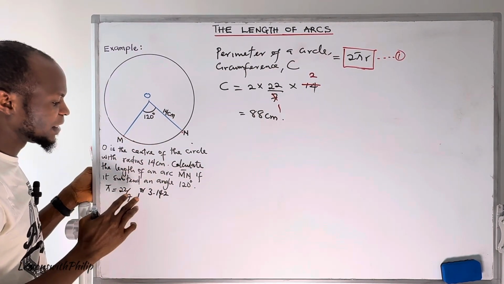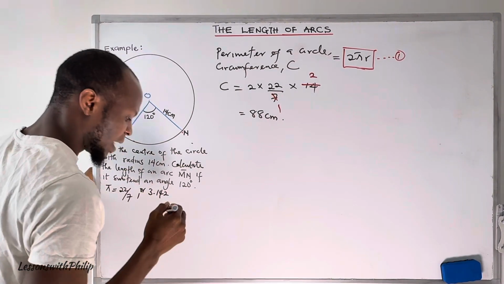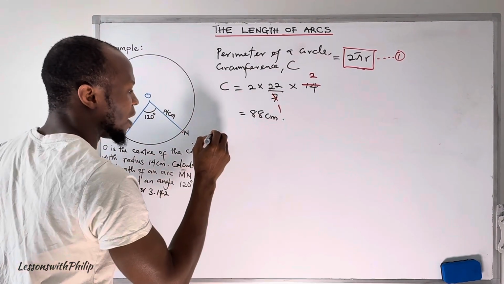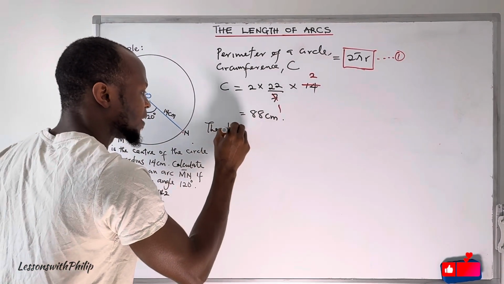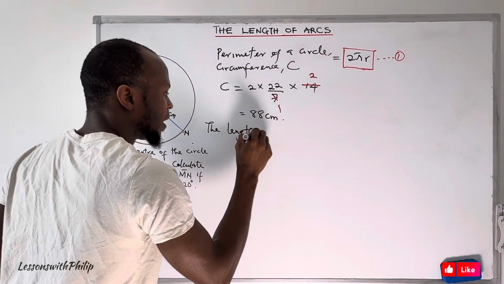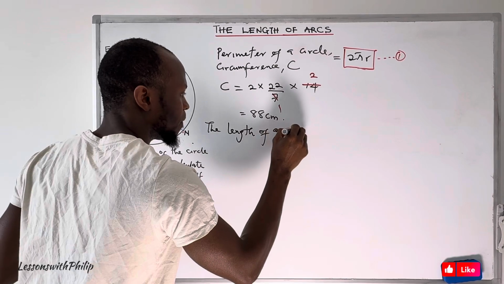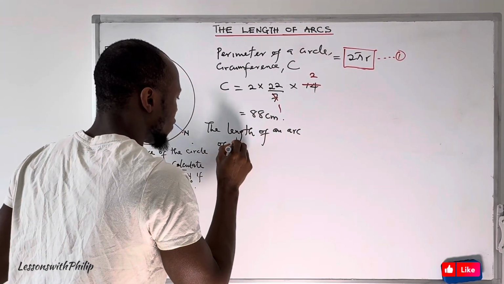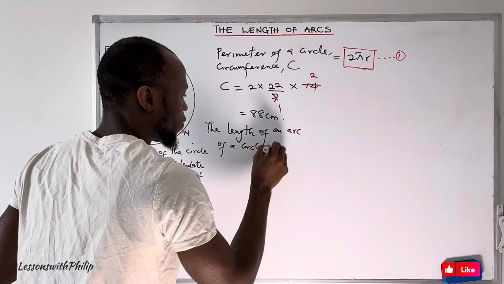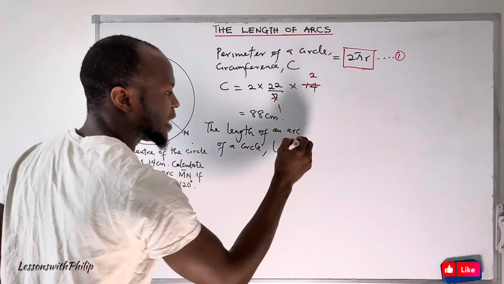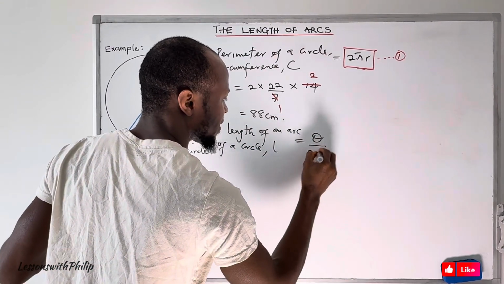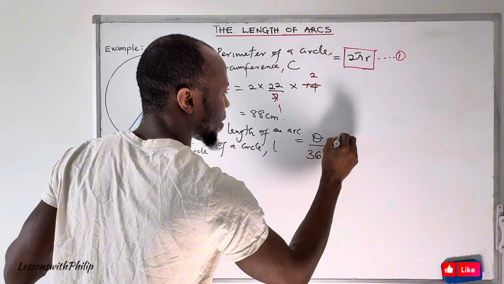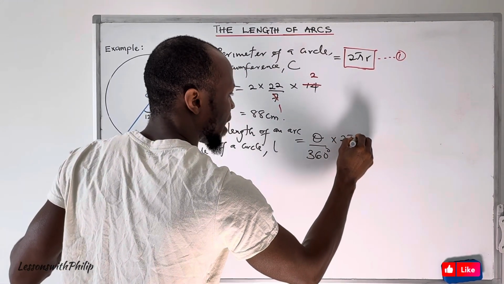We have to find the arc of a circle. The length of an arc of a circle, which is otherwise known as L, is given as theta over 360 degrees multiplied by 2 pi r.